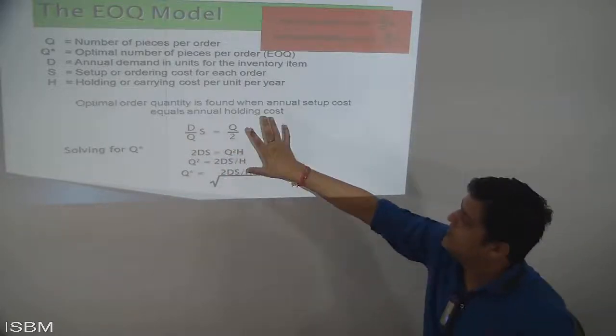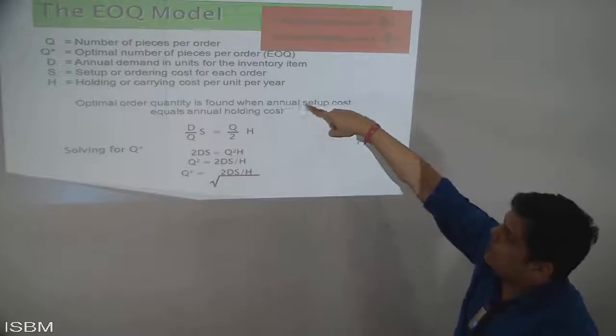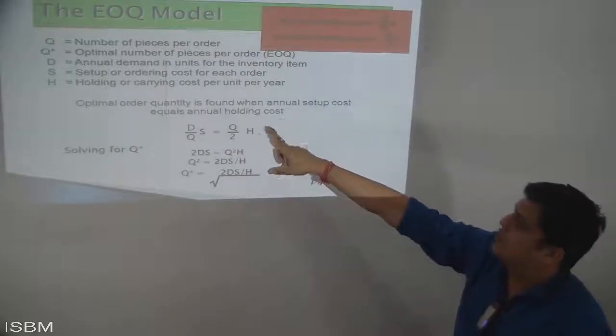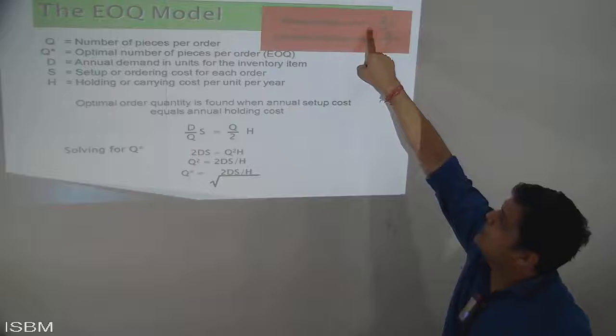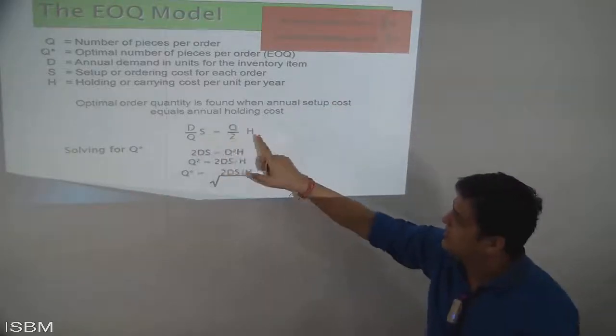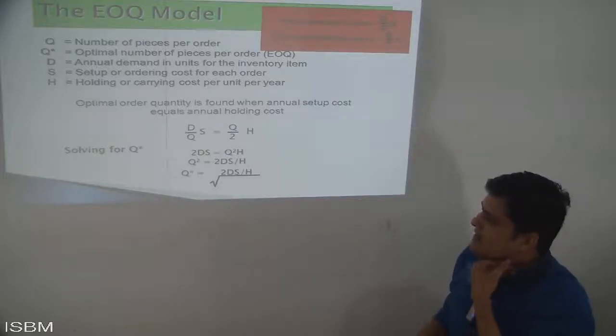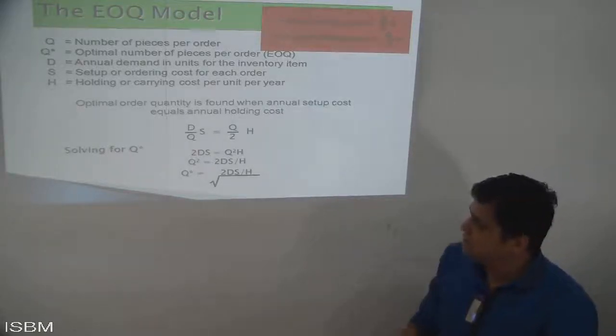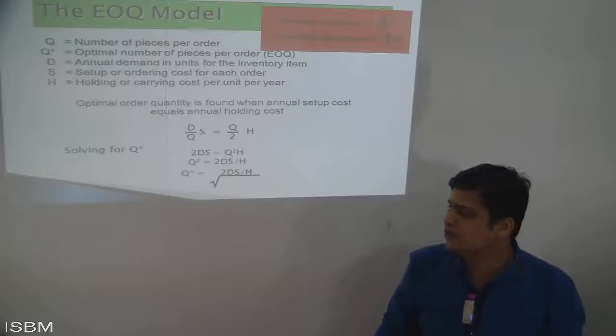D by Q into S and Q by 2 into H, both are equal. The optimal order quantity is found when annual setup cost equals annual holding cost. So setup cost is directly equal to the holding cost. So D by Q into S is equal to Q by 2 into H. Solving for Q star, which is nothing but EOQ.